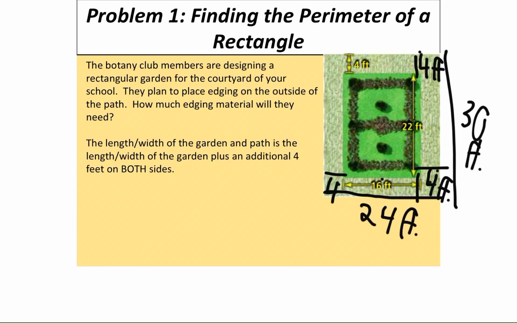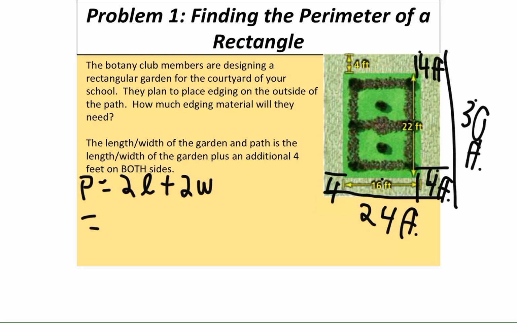So really here, all we're doing is finding the perimeter of a rectangle with these dimensions, 30 feet by 24 feet. So let's write out the formula for perimeter. So we're doing 2 times the length plus 2 times the width.